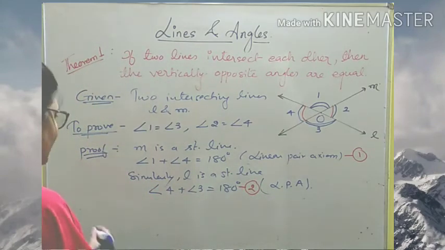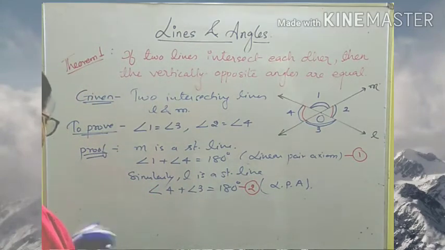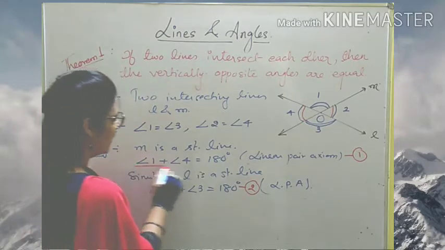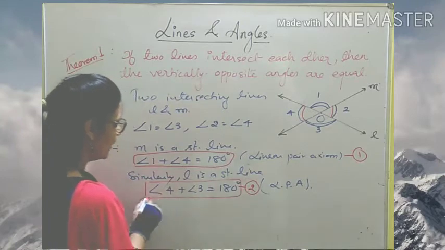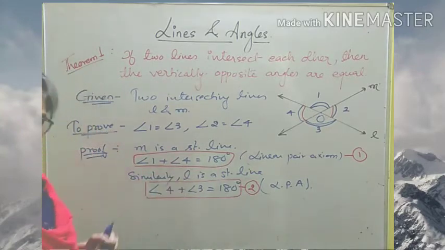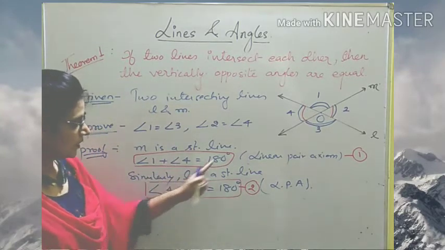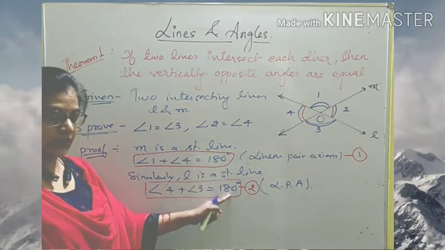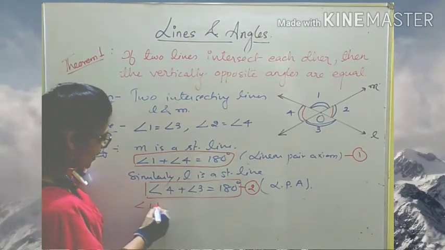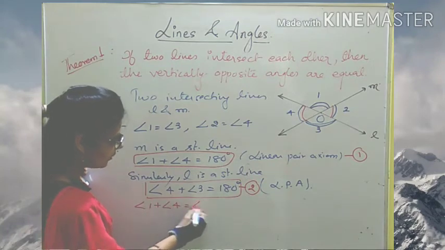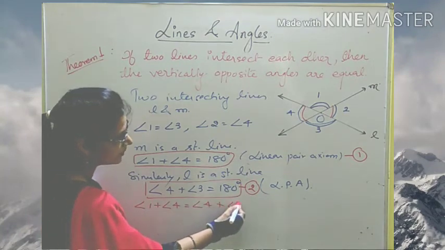Now, look at equation 1 and equation 2. Here the RHS are equal in both the cases. ठीक है? So, what can we write? Angle 1 plus angle 4 is equal to angle 4 plus angle 3.